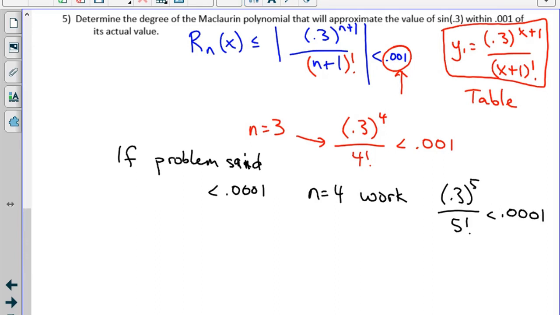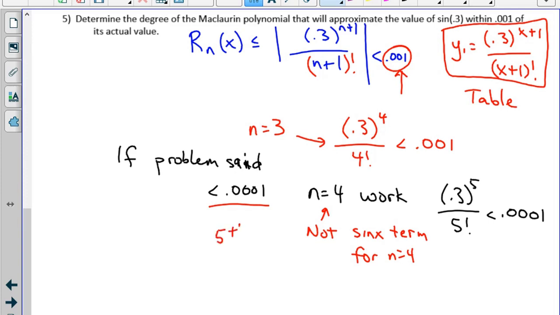But there is also not any sine term for n equals 4. So you have to be careful. Even though n equals 4 would work, you would have to report the answer as a 5th degree polynomial because there is no 4th degree term for sine of x.